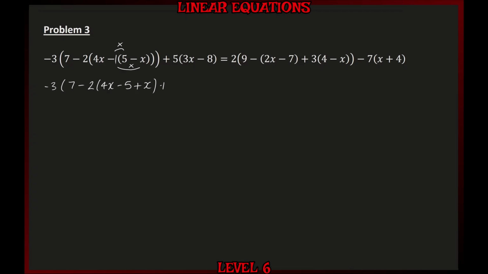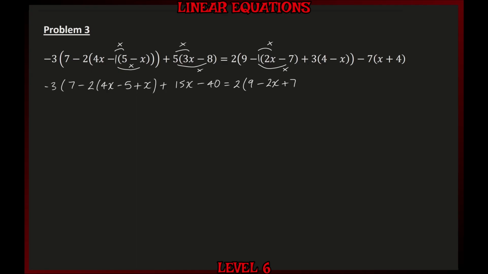Onto the next bracket, we have plus 5 times 3x gives us 15x, and 5 times minus 8 is minus 40. Onto the right hand side, we're going to start from the inside again. So we're going to leave the 2 on the outside of the bracket, and we have 9 minus, and once again there is a minus 1 in front of this bracket. So minus 1 times 2x is minus 2x, and minus 1 times minus 7 is plus 7.